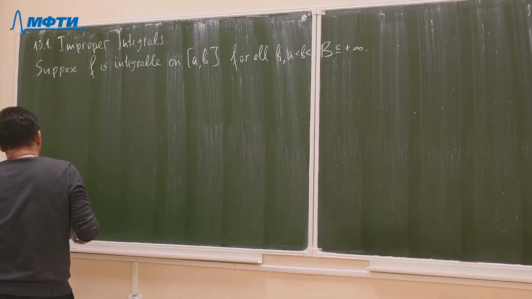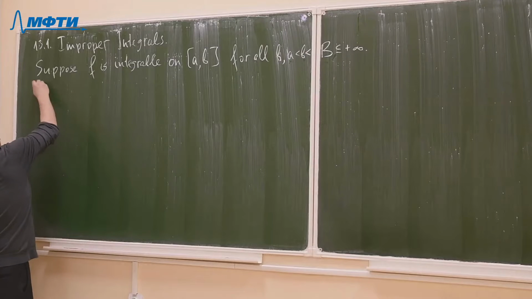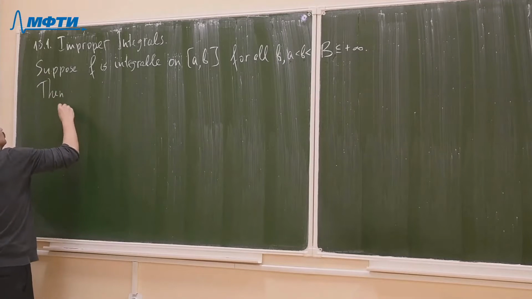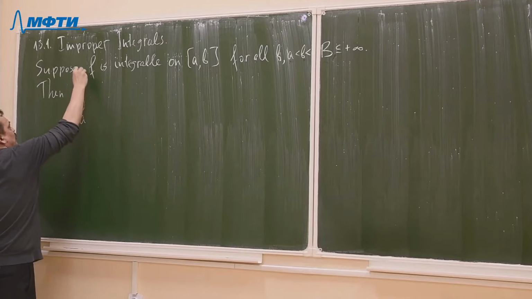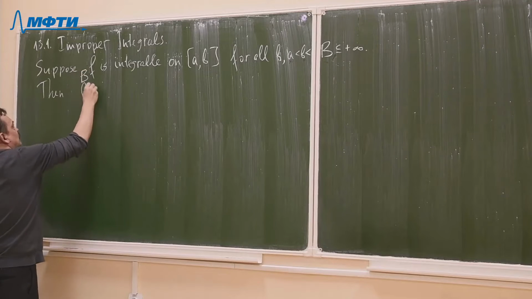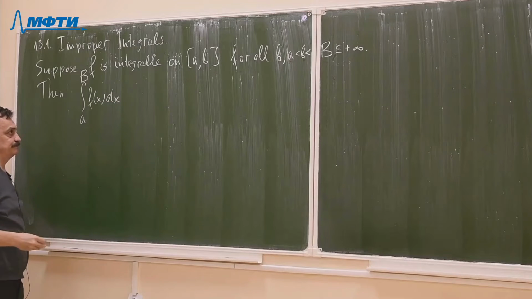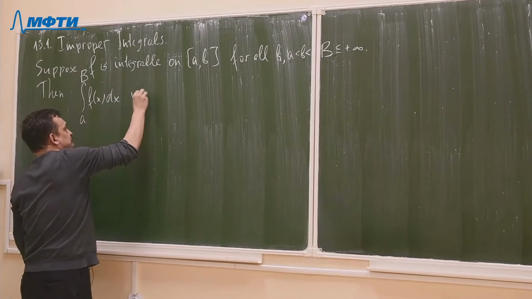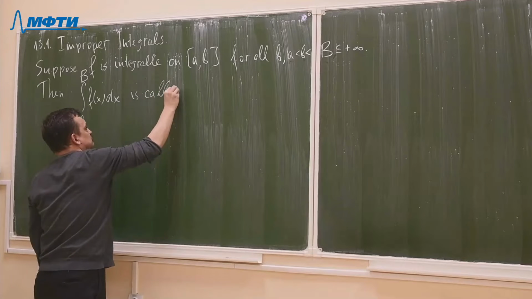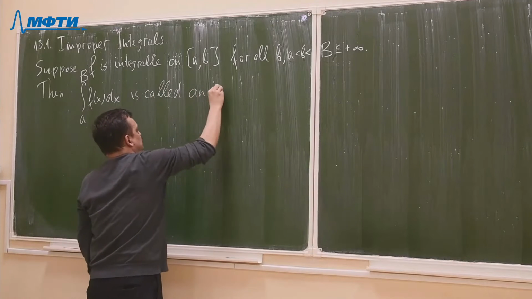Then the integral from a to capital B of f of x dx is called an improper integral.